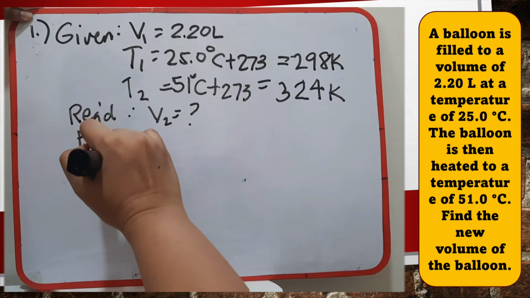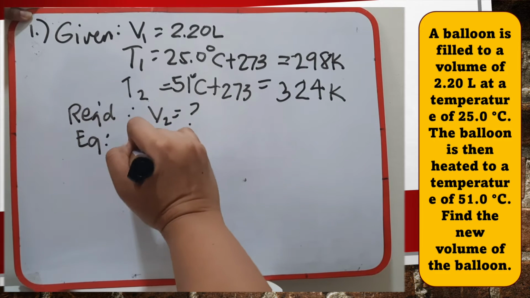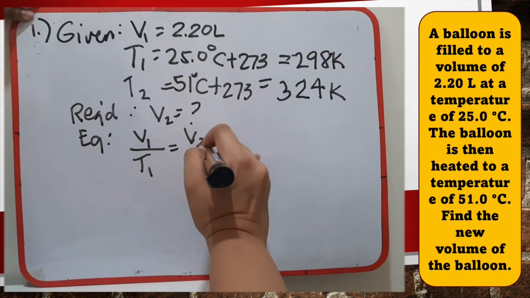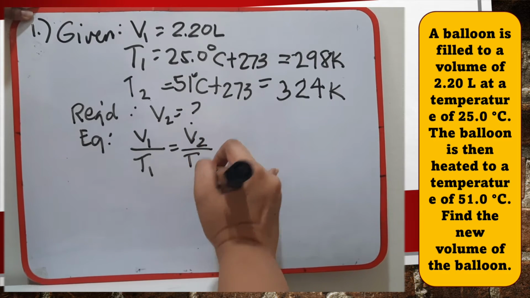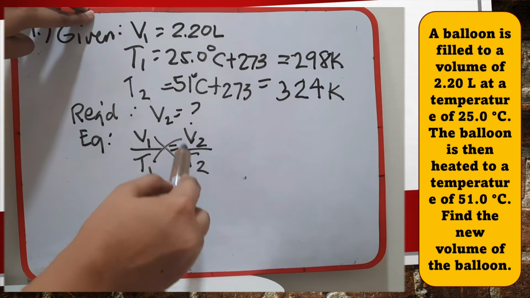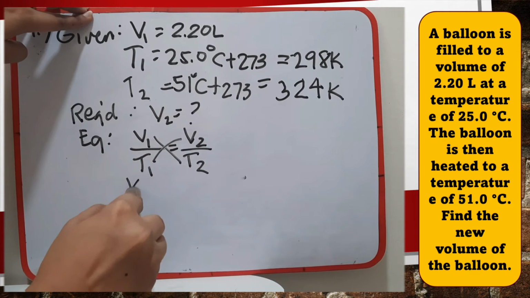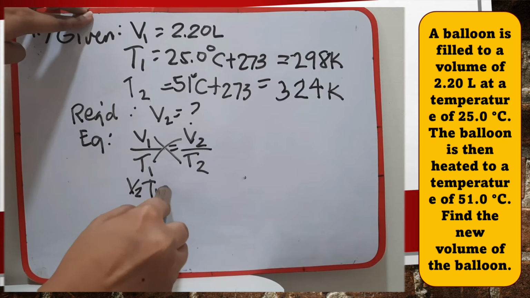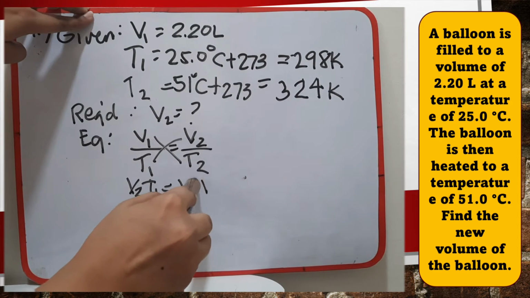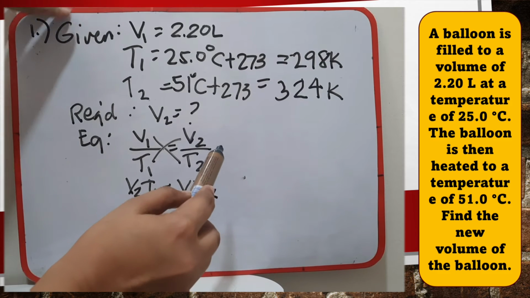Alright, so our equation is V1 over T1 equals V2 over T2. To find V2, of course, we will use cross multiplication. So, we have V2 times T1 equals V1 times T2.